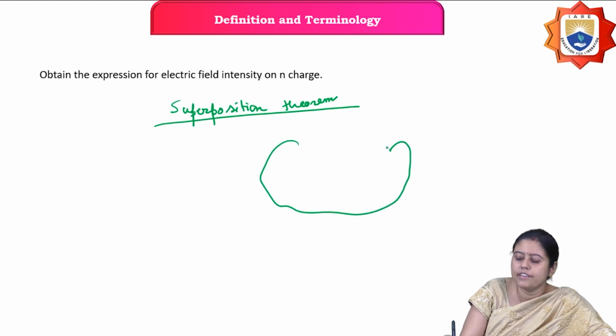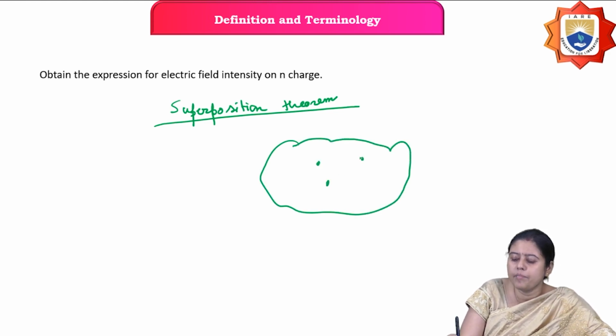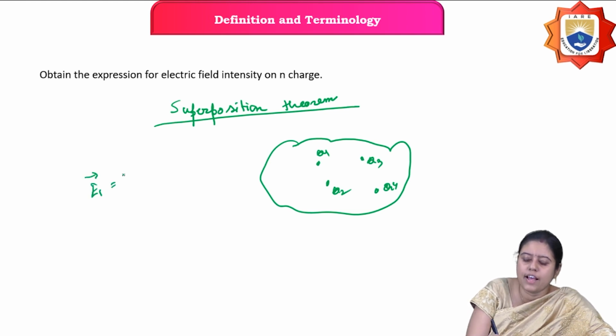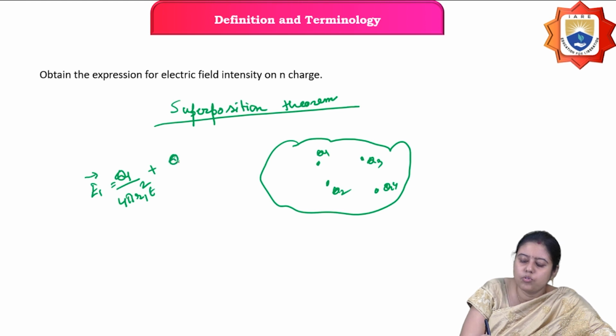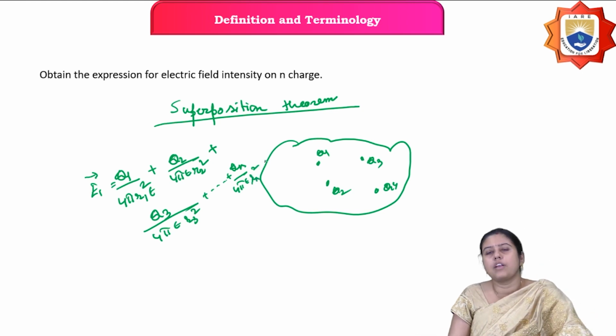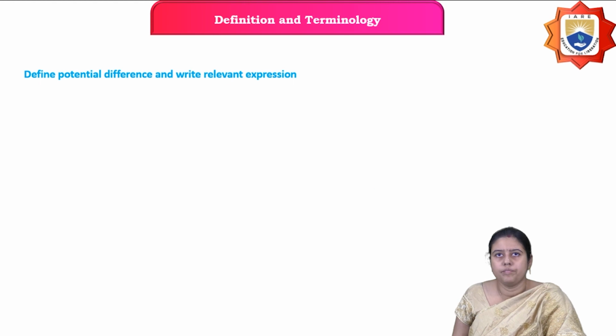If there is an electric field and there are n number of charges Q1, Q2, Q3, Q4, we can calculate the electric field intensity as Q1 by 4 pi epsilon R1 square plus Q2 by 4 pi epsilon R2 square plus Q3 by 4 pi epsilon R3 square up to Qn by 4 pi epsilon Rn square, and this is known as the superposition theorem.